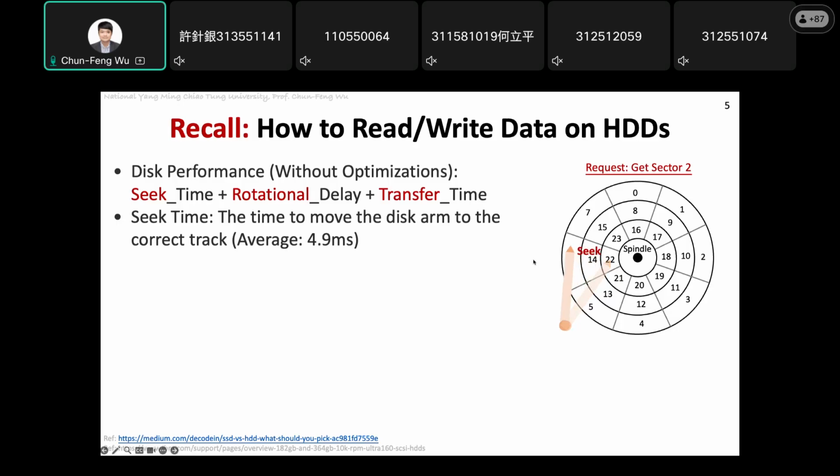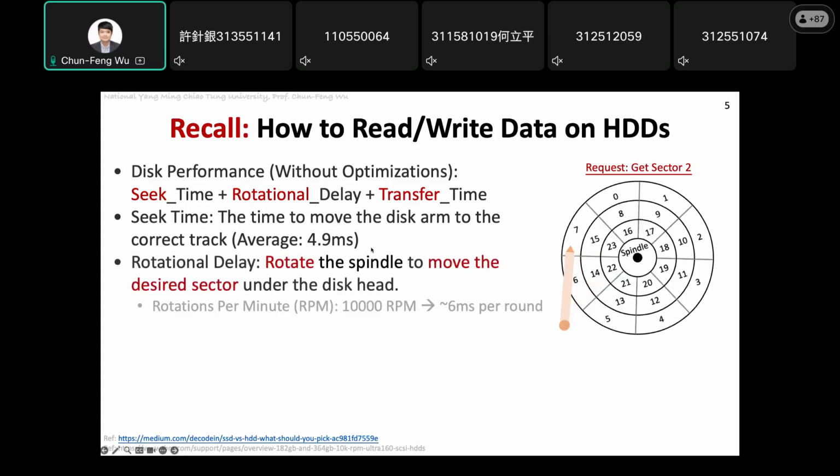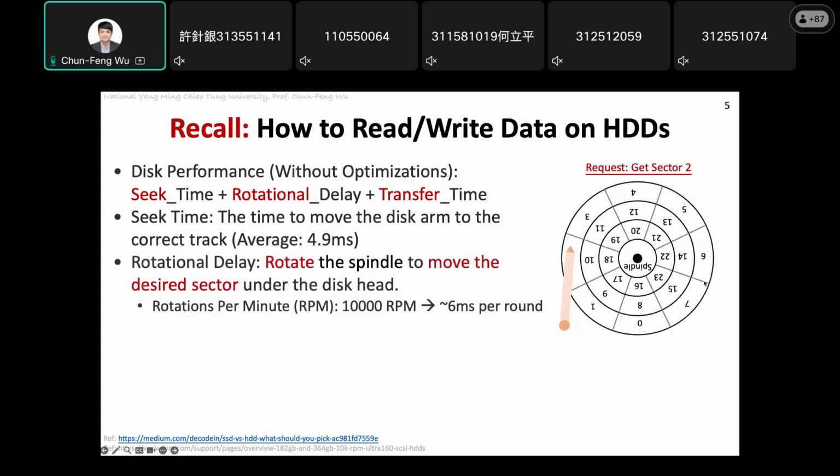Because seek time involves disk movement, which is mechanical, it takes slightly long, like 4.9 milliseconds here. And then rotation is about the time to rotate the plate. If you are going to buy a hard disk drive, you will see something called RPM, and you can calculate how fast it is for each rotation.